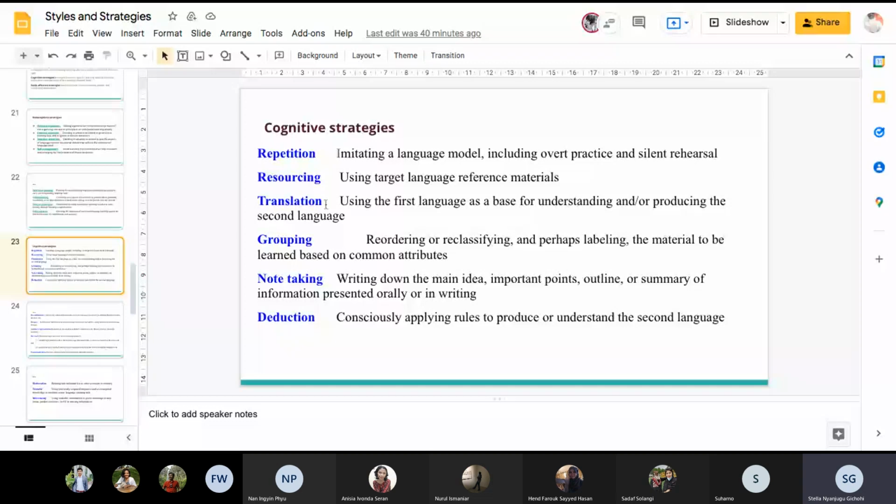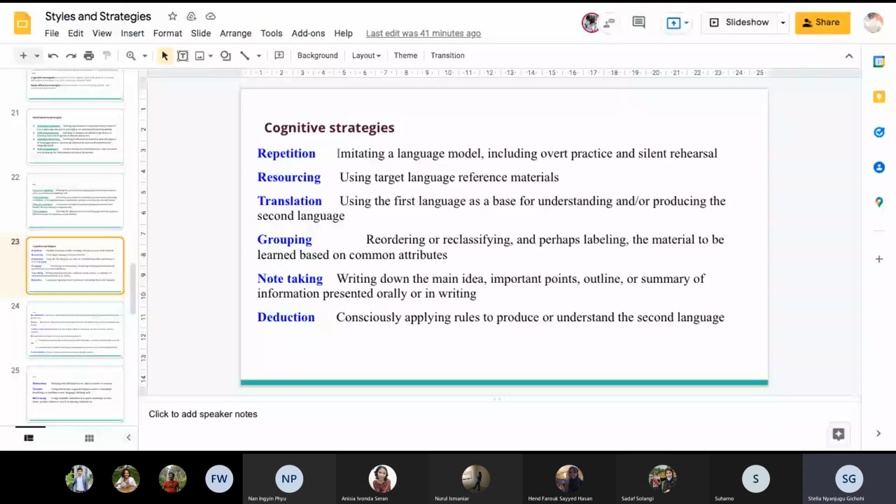Sometimes you even have to do some silent rehearsals. Then resourcing: you use some reference materials. You want to learn more, so you have to get some reference materials. Then you have translation. This one we already know. Sometimes you have to use information from your first language so that you can understand the second one.